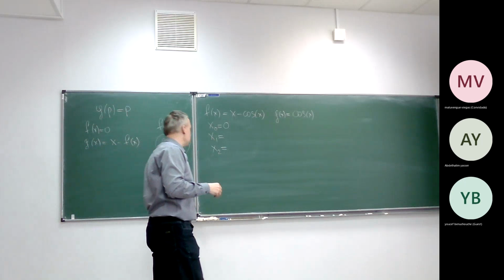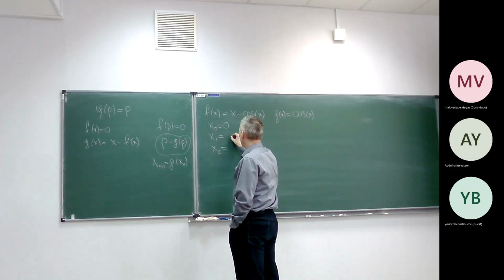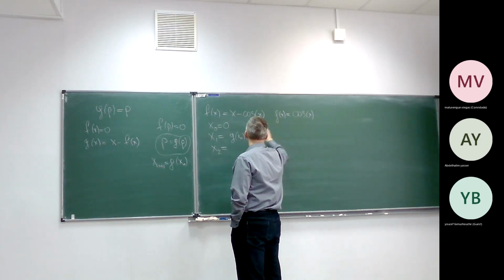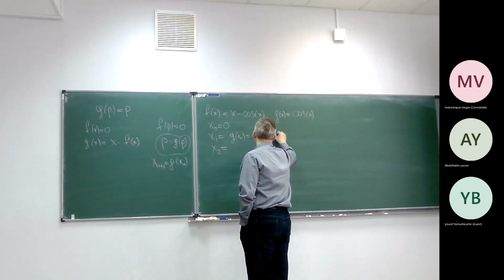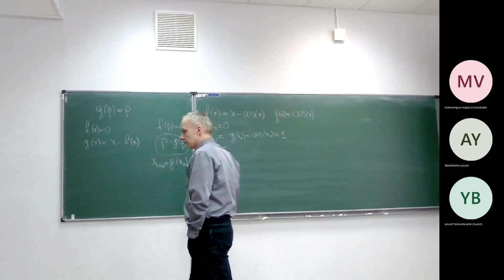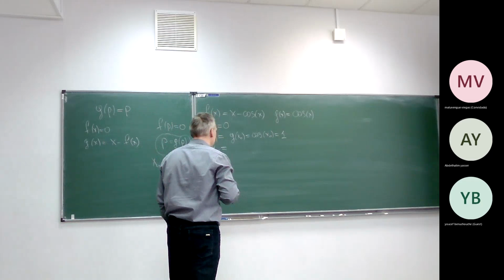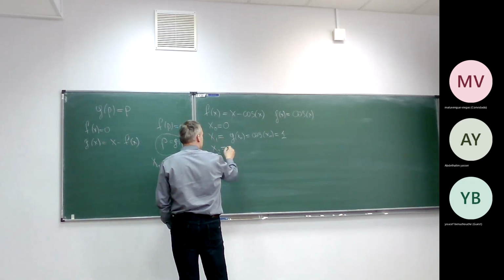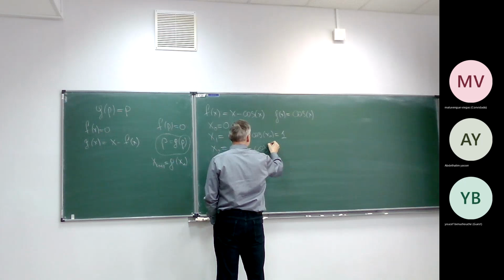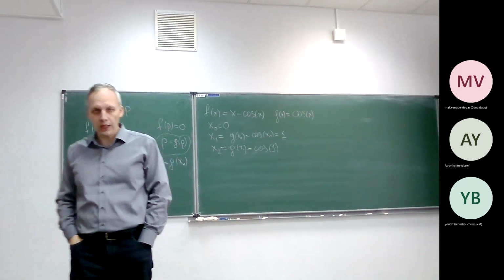We can compute the points. The first point, x0 equals 0, x1 equals G of x0 equals cosine x0 equals 1, because cosine 0 equals 1. x2 equals G of x1 equals cosine 1, and so on.